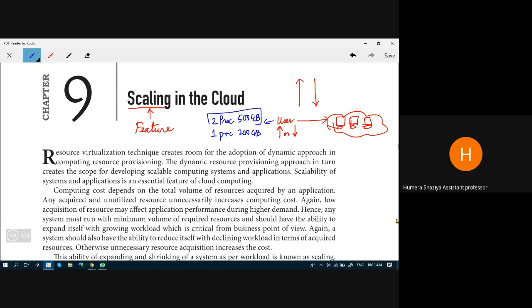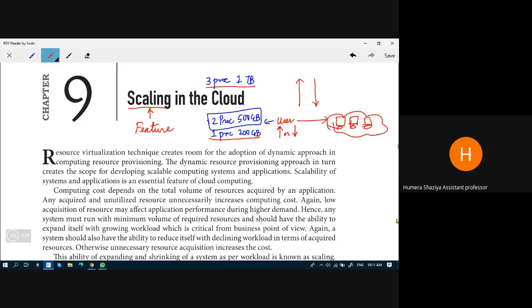This is the present scenario. Then in future the user may go for three processors and 1 TB memory. There are two cases that may happen over a period of time as per the demands and requirements.